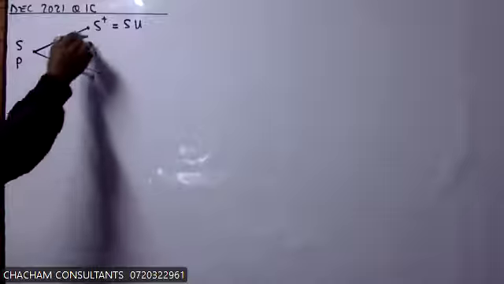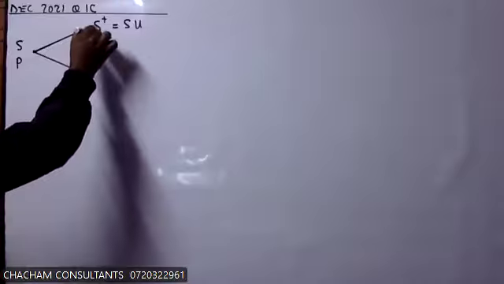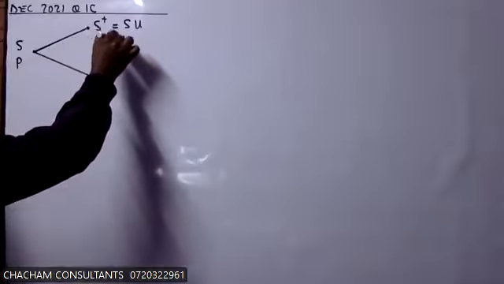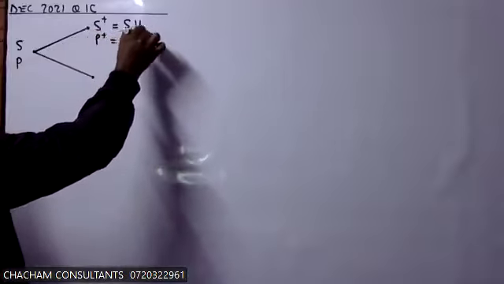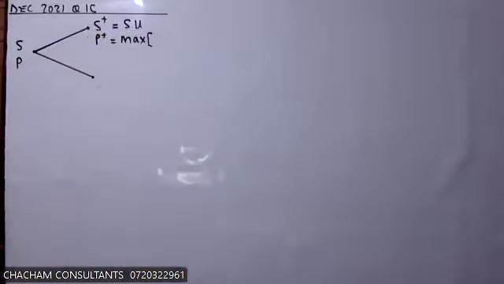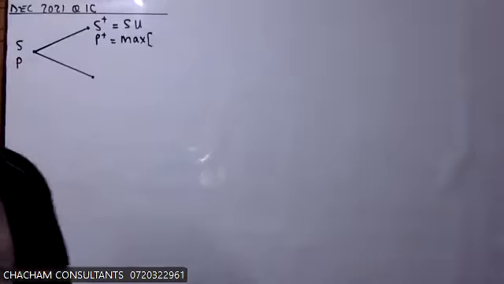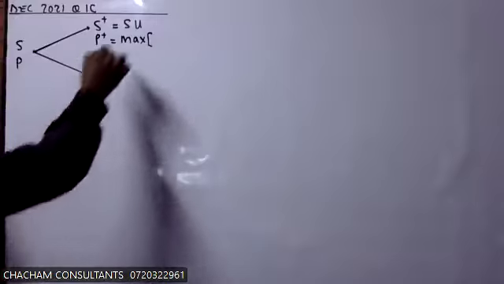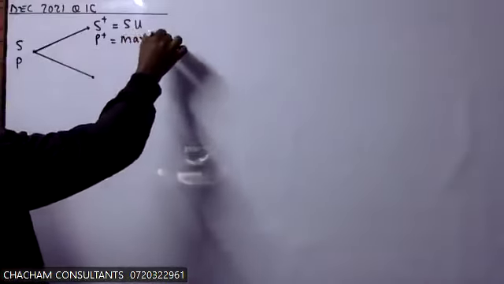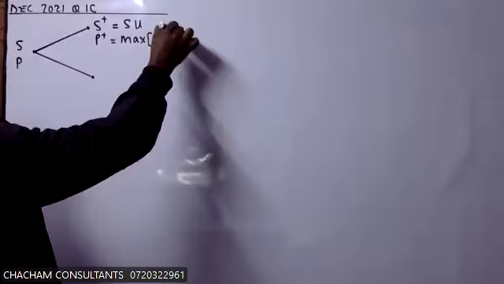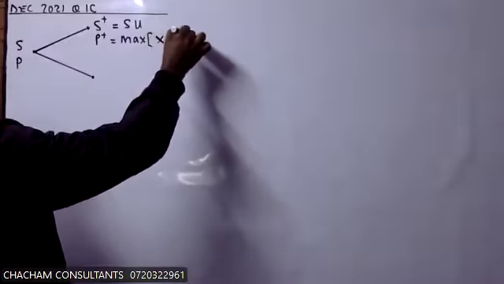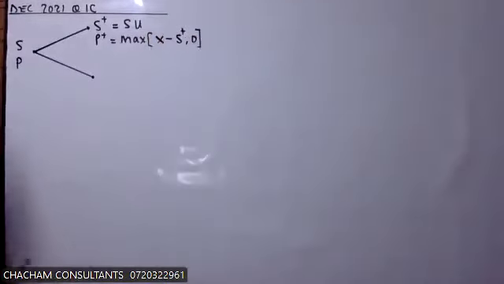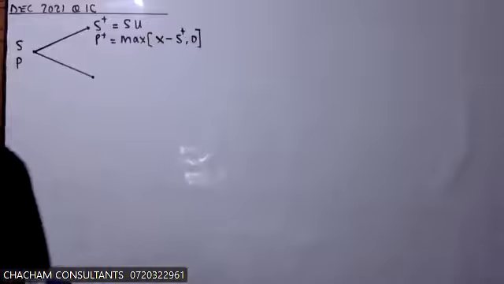And then the P plus, you remember how we value a put. When you are valuing a put, we start with the exercise price, so it will be X minus the price of the underlying, then 0.